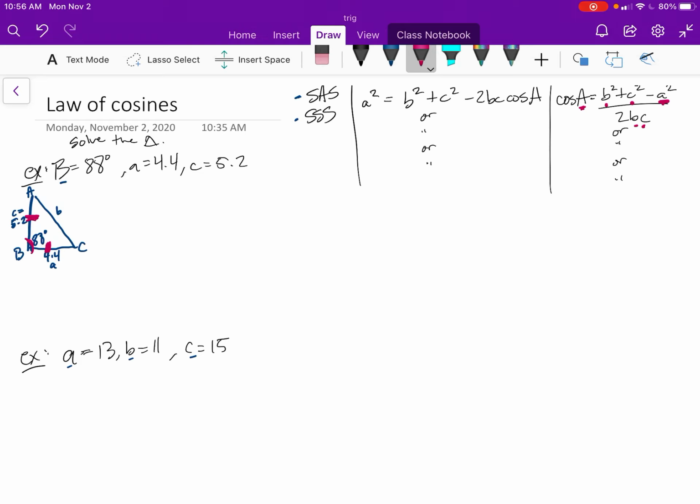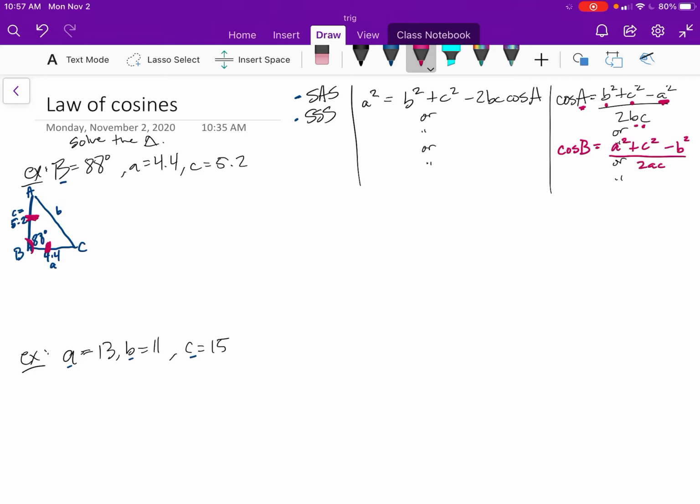Like, instead of writing all 3, I'm going to assume cosine big B, or beta, that minus will be here, but then the other two will be a and c, like a squared plus c squared over 2ac.